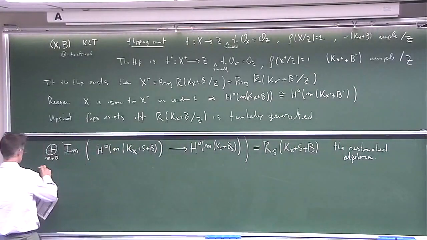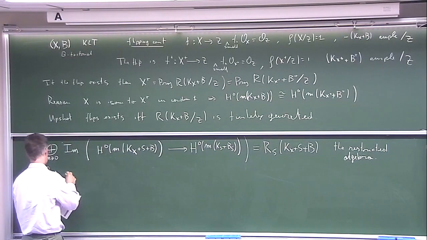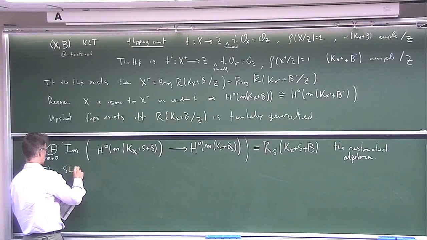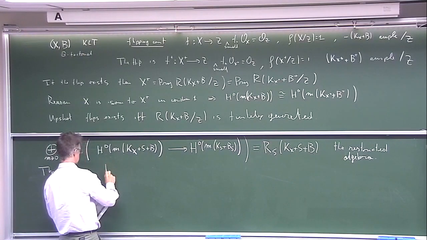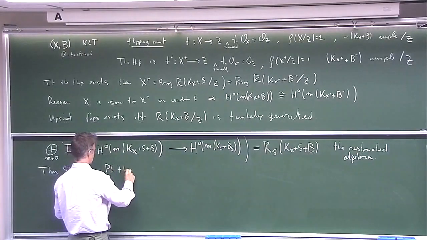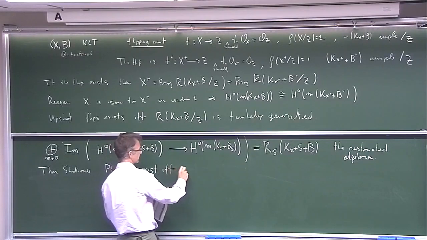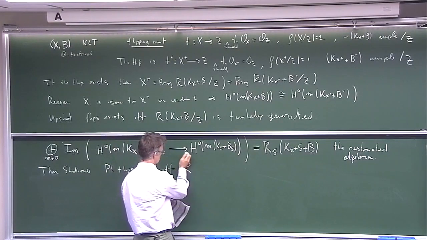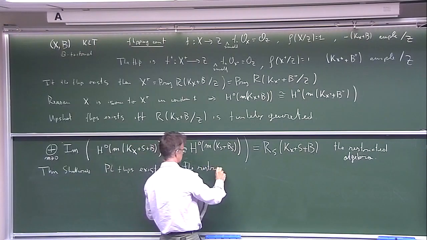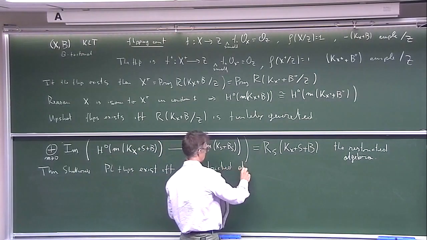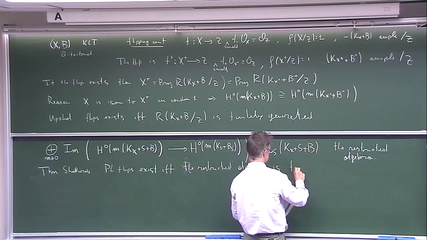And here's another theorem of Shokurov, which is also not very deep, but this one I do want to explain in detail. Theorem of Shokurov says that PL flips exist if and only if the restricted algebra is finitely generated.